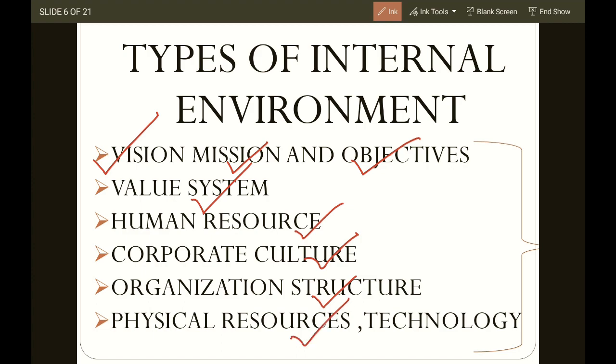Technology is the most important internal factor, because without technology you cannot increase production, you cannot capture the market, you cannot satisfy the customer, you cannot do R&D. Technology is most important nowadays. Without technology, no business organization can run. Okay.